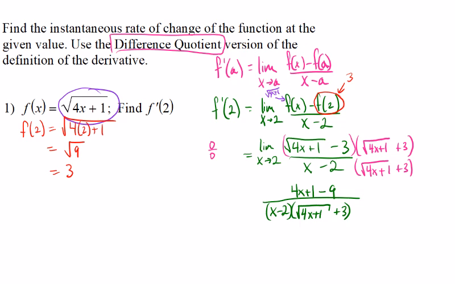Okay, so in the numerator, I can combine like terms and I get 4x minus 8. And then I can factor out a 4, since 4 is a common factor there. So on this next step, I'm going to put a 4, and then it'll be x minus 2, which is looking promising because we want to cancel out the x minus 2.